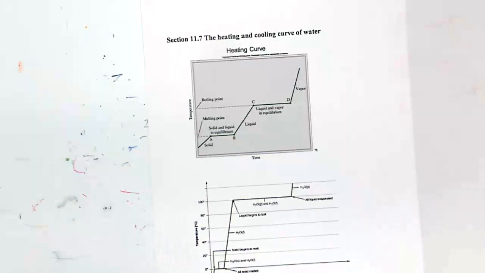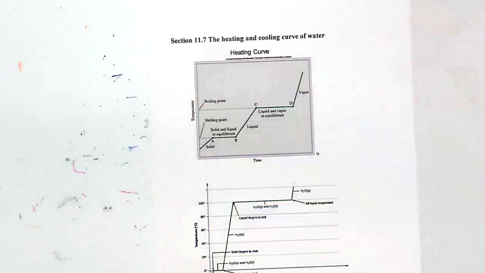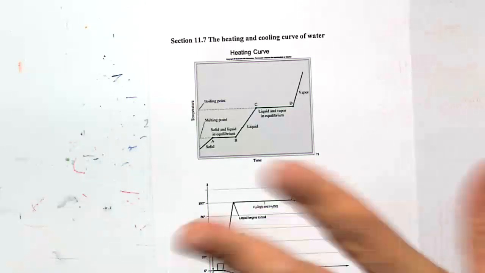We have one more topic to go over, and that is the heating and cooling curve of water. This is something I was told they ask a lot on the MCAT, so anybody who wants to go to medical school should know this. That's page 16. Page 17 will be a problem that will be on your exam, another computational problem.